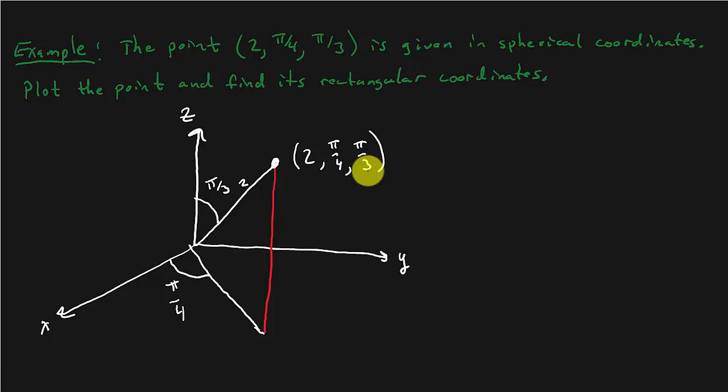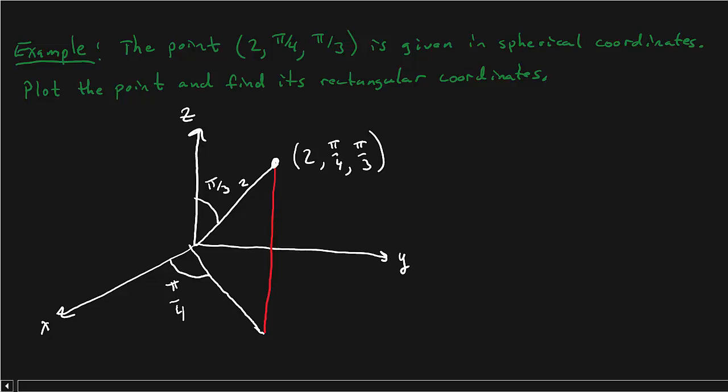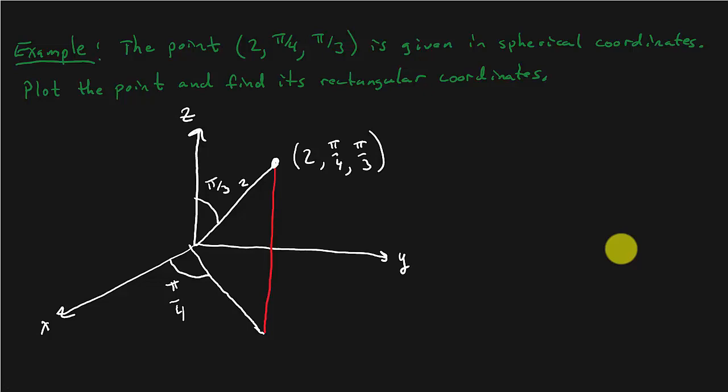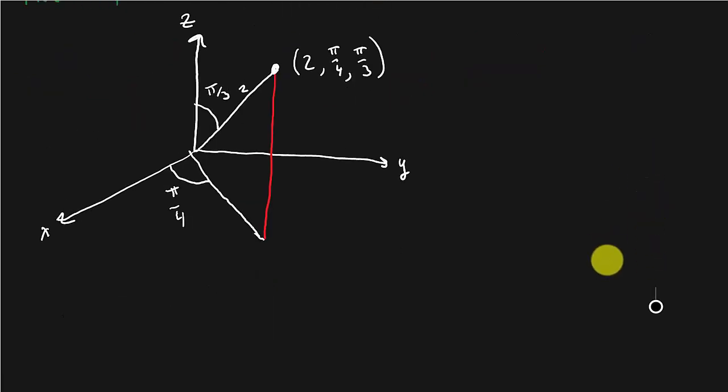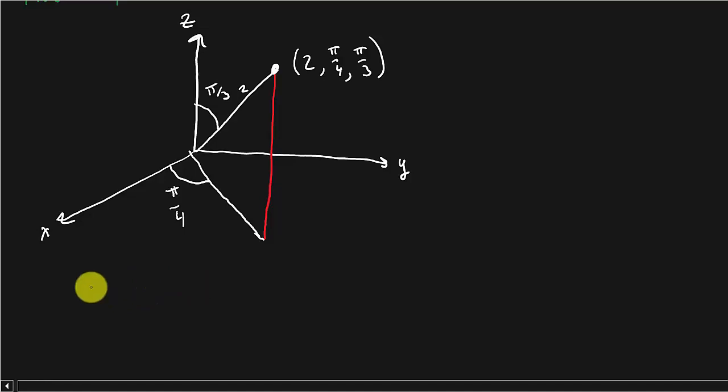All right. So now let's convert the point that's in spherical coordinates to rectangular coordinates. All right, so let's go ahead and convert this. So let's write the point down again.